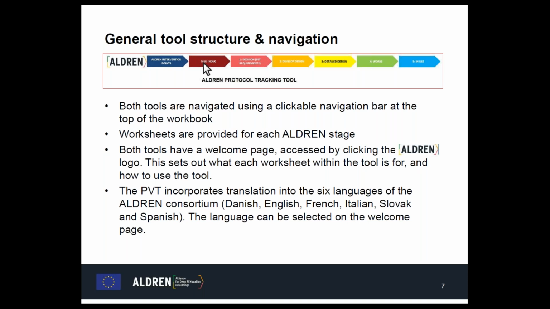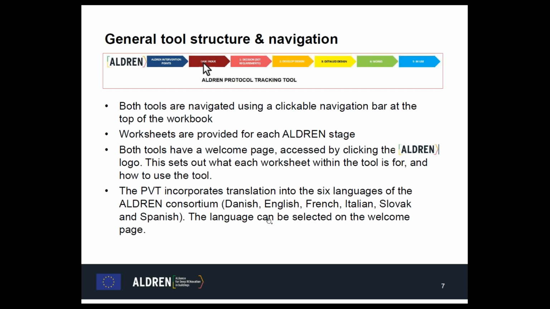In terms of the general structure of the two tools, first of all, this image at the top shows the navigation bar, and that's common to both of the tools. It's a clickable navigation bar, so you can just click on one of the shapes and it will take you straight through to that page of the workbook. There's a worksheet for each of the ALDREN stages in each tool, and the verification tool also has some output worksheets that are navigated the same way.